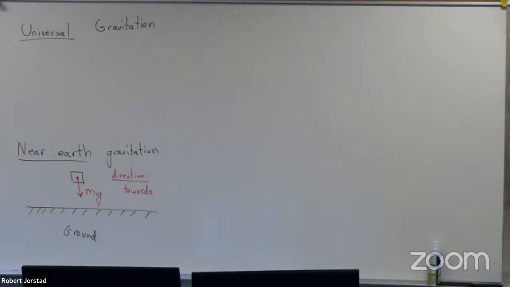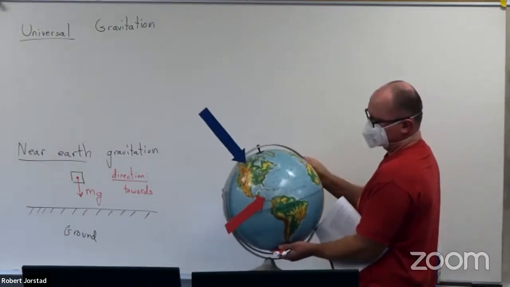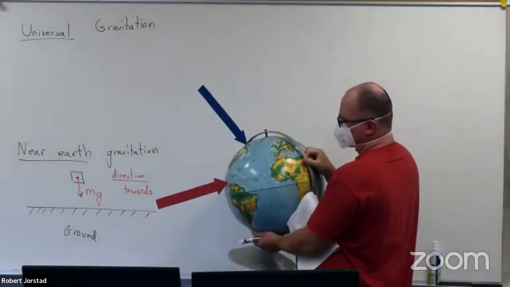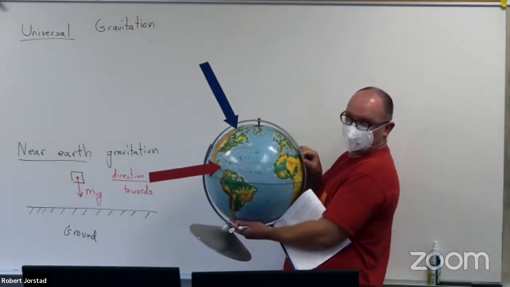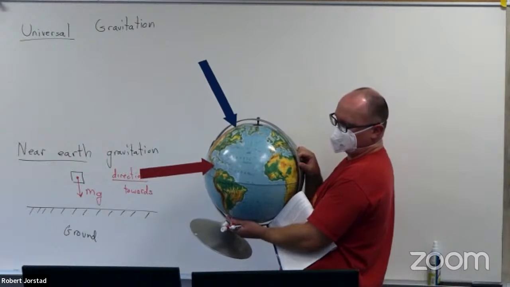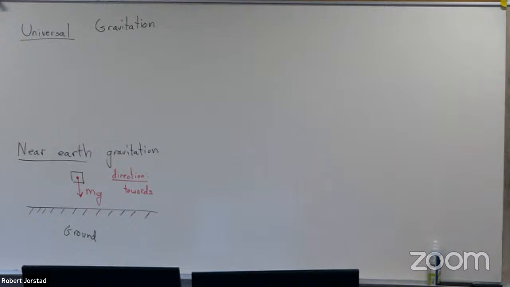I'm just trying to point out that if you're at different points on the Earth's surface, the downwards direction might be in a different direction. You know what I'm saying? So towards the center would be a more general way to describe it. Is that good? Okay.